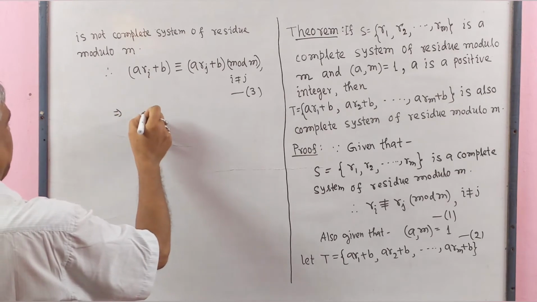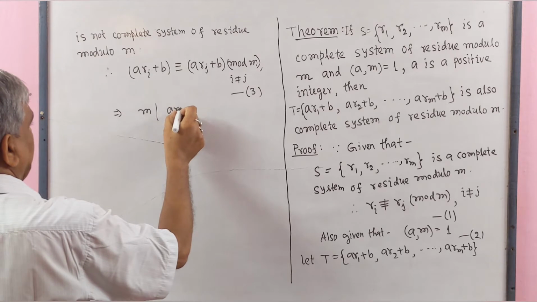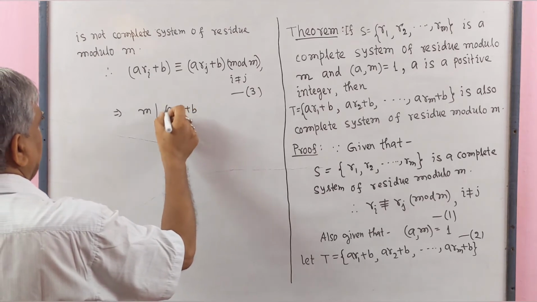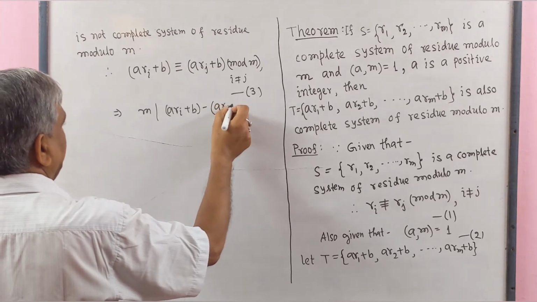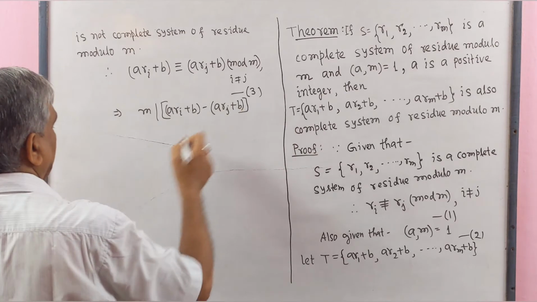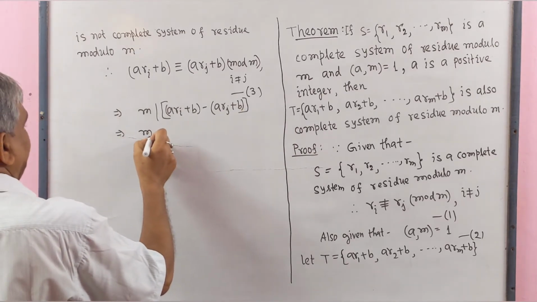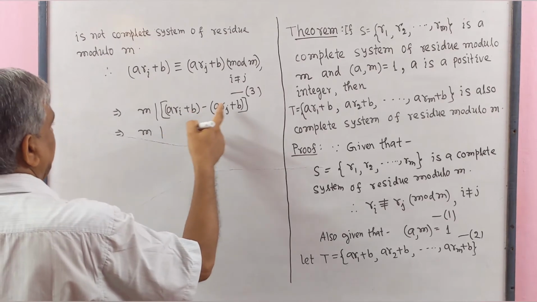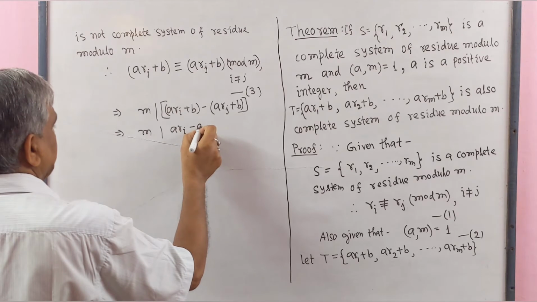Implies that M divides ARI plus B minus ARJ plus B. Implies that M divides, B cancels, ARI minus ARJ.